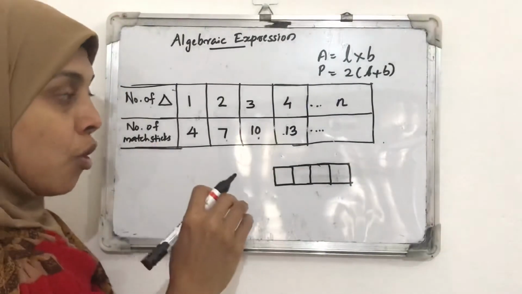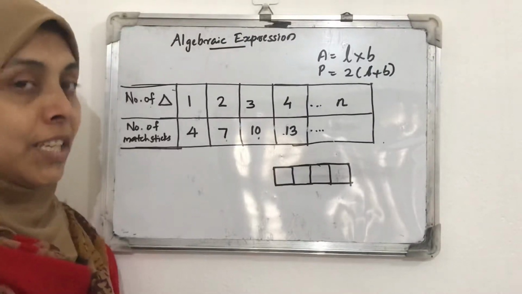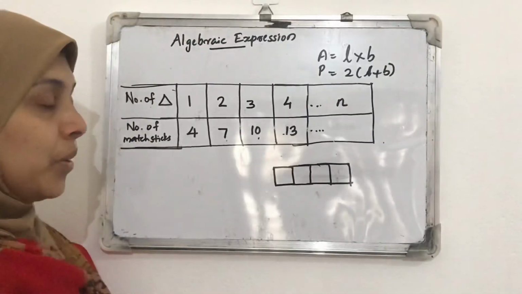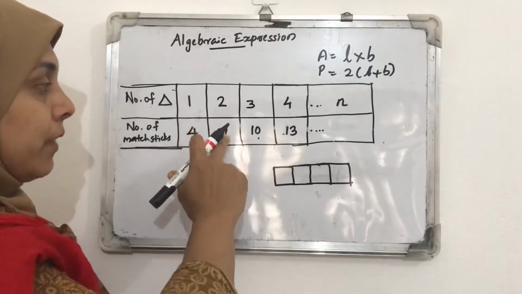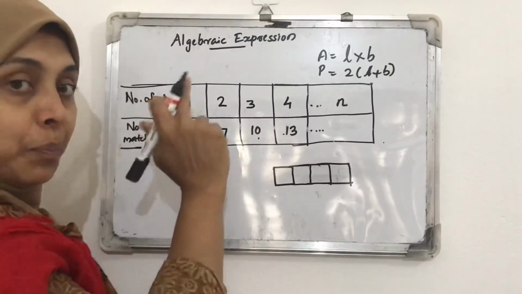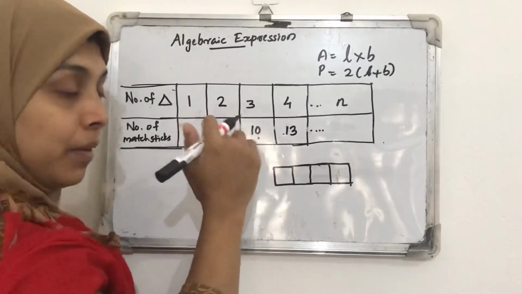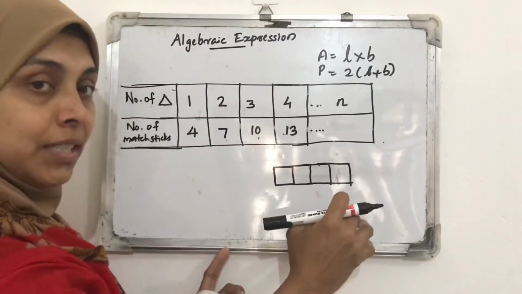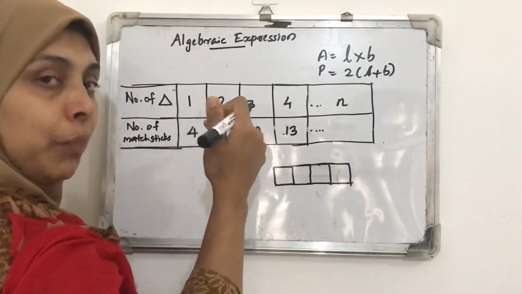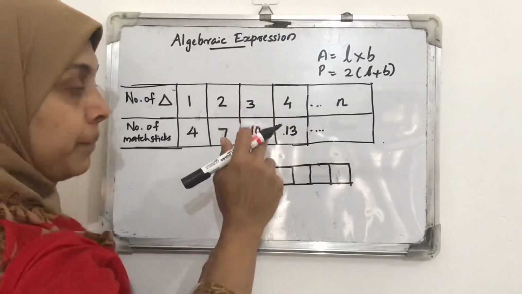Then if we form n squares, what will be the number of matchsticks used? How can we find that equation? If it is 2, 7. We know 2 into 3 is 6, 6 plus 1 is 7. Just like 3 into 3: we are adding 3 matchsticks each time. With the number of squares 3, when we multiply 3 into 3, 9, 9 plus 1 is 10.